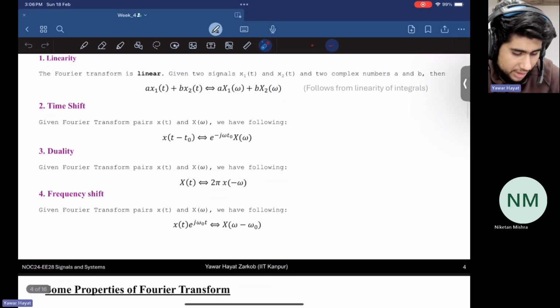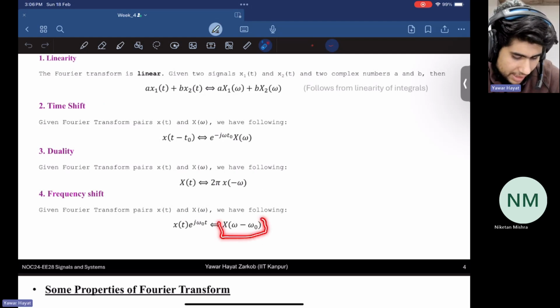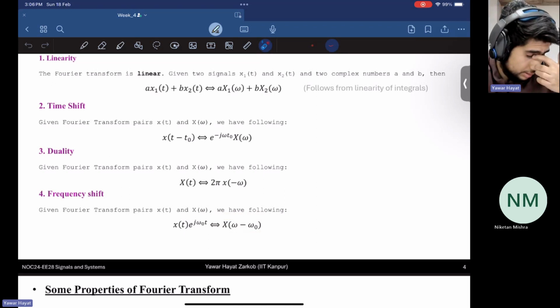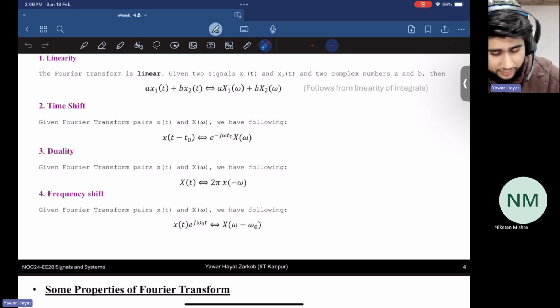And then we have the frequency shift. It's actually a dual of this time shift property. If we have a shift in the frequency domain, suppose the shift is by this omega naught, then the time domain signal x of t is simply multiplied by this e to the power j omega naught t.